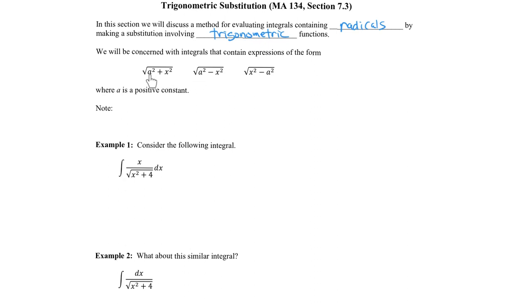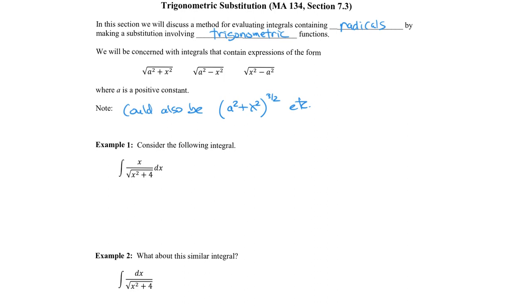Now, a is the constant, so you've got a constant squared plus a variable squared here, and then of course the subtraction here, and then here the variable's first minus the constant squared. So a is a positive constant, and the note is that these could also be something like a squared plus x squared to the 3/2, and etc. Things like that. So it doesn't have to be the square root. It could be other powers.